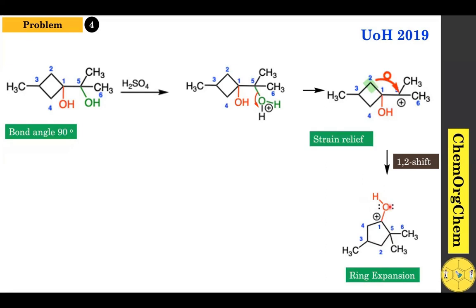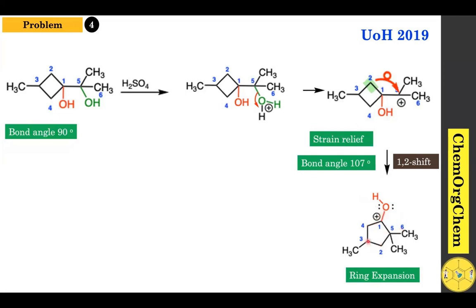Because of that ring expansion, the 4-membered ring strain is relieved. Now compare the bond angles: the 4-membered ring bond angle is 90 degrees, while the 5-membered ring bond angle is 107 degrees, which is close to 109 degrees. Therefore, the 5-membered ring system is more stable compared to the 4-membered ring system containing the carbocation.